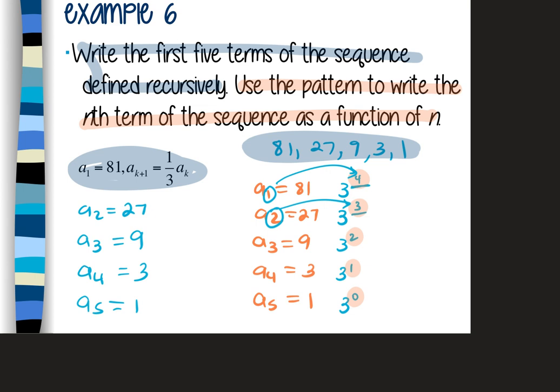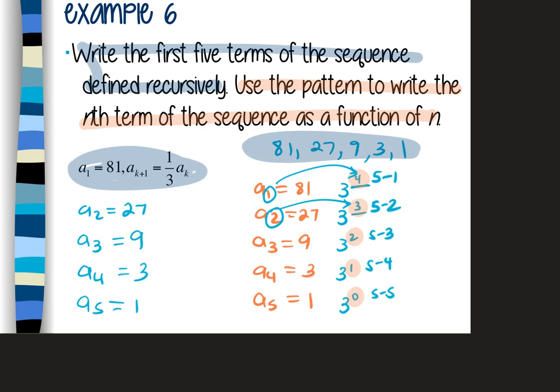What else could I do? 5 minus 1, 5 minus 2, 5 minus 3, 5 minus 4, 5 minus 5. Good job. Do we see that?